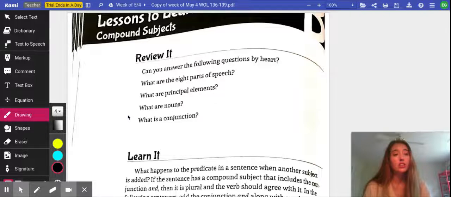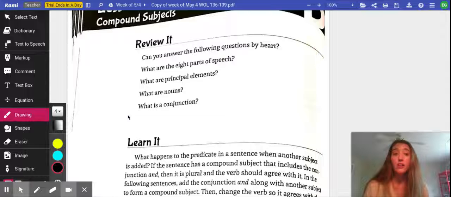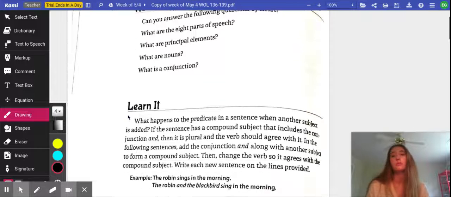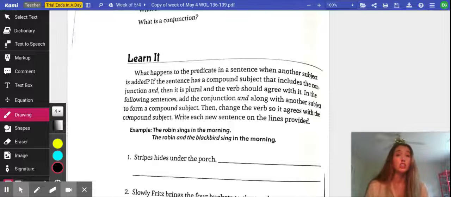A conjunction is a part of speech. It joins elements of the same rank or name. When 2 or more words are joined this way, they're called compounds. So that's what we're going to be doing today, looking at compound subjects, 2 subjects joined by a conjunction.